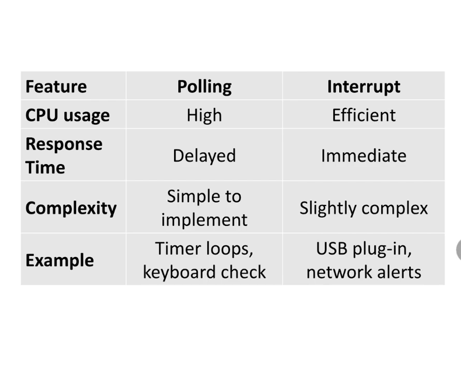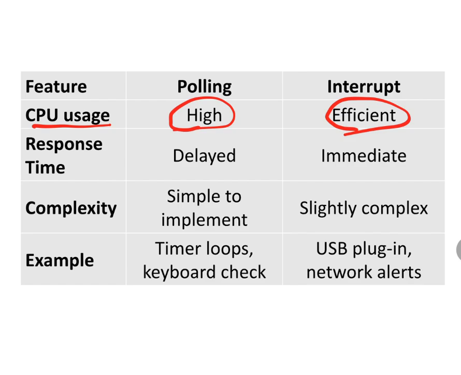In polling, the CPU is constantly busy. As I told you, the CPU is constantly checking whether there is a message or not, right? So the CPU usage is high in polling, while in interrupt it focuses on other tasks and responds only when needed. That means the CPU usage is efficient.